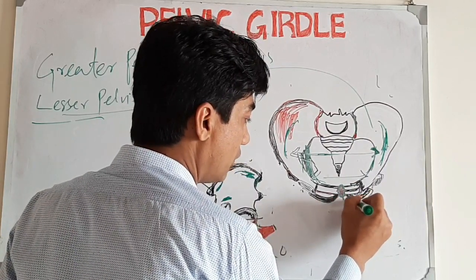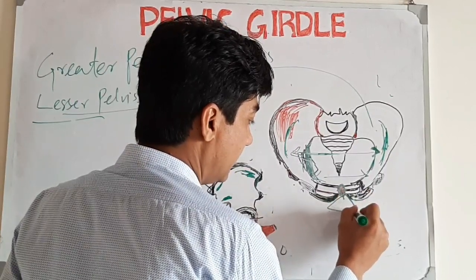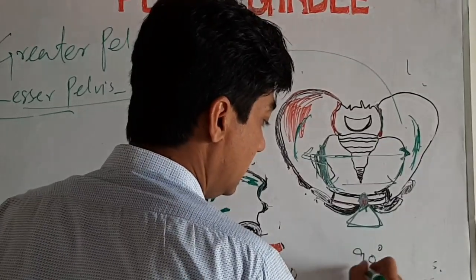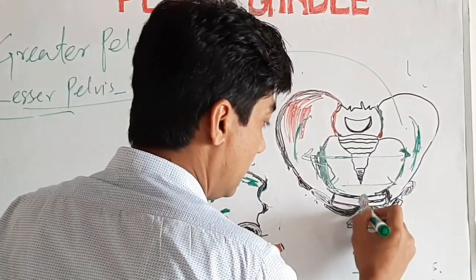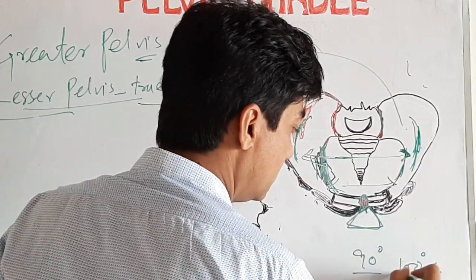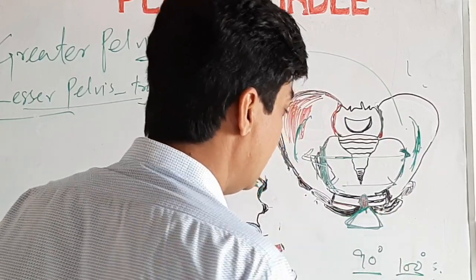Between the two pubic bones the pubic arch makes an angle. This angle is large, more than 90 degrees. Often it reaches more than 100 degrees in females and less than 90 degrees in males.